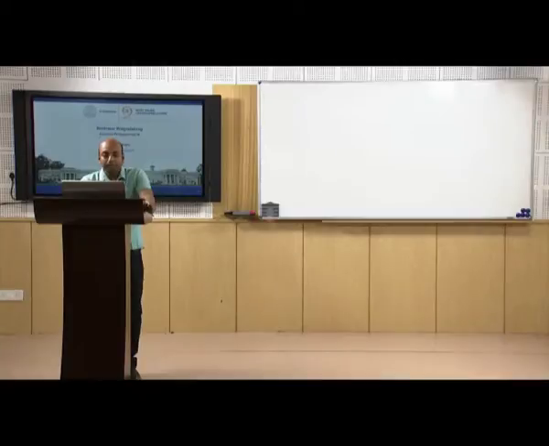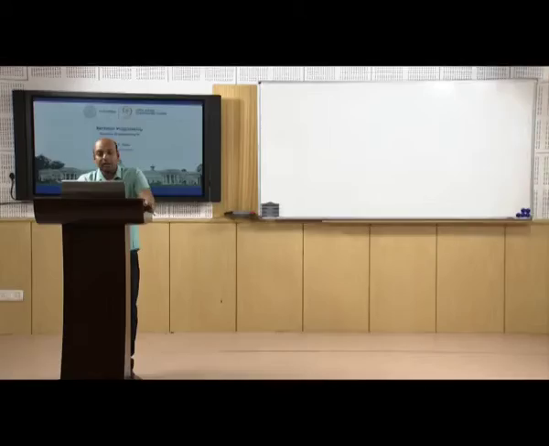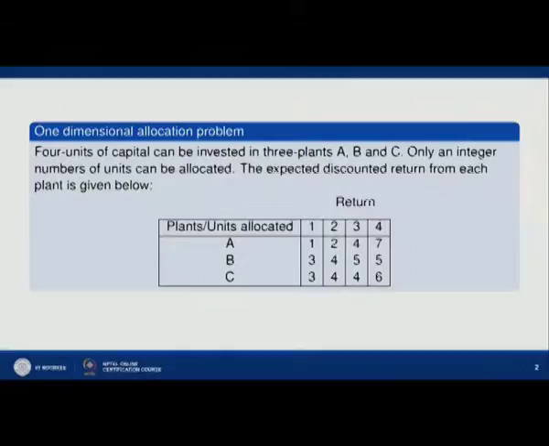Suppose 4 units of capital can be invested in 3 plants, A, B and C. Only an integer number of units can be allocated, that means 0, 1, 2, 3 or 4 units, but not fractions. The expected discounted return from each plant is given below.